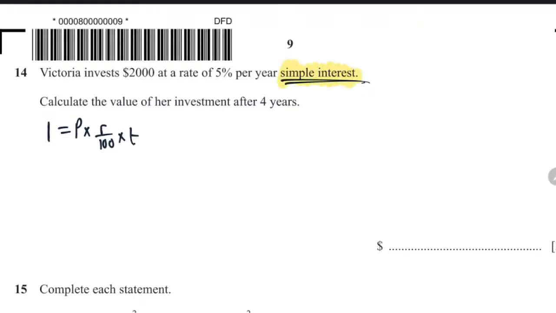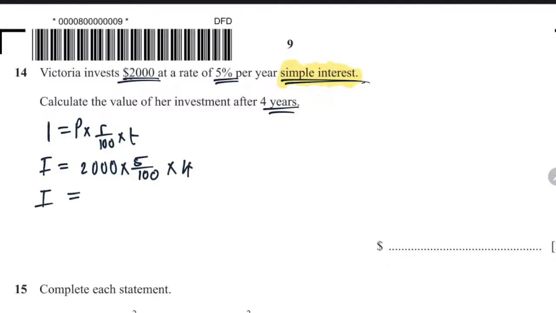Okay? So your interest is going to be, the principal is the amount of money invested, which is 2,000, times the rate is the percent, over 100, so it's 5 over 100, times time is 4 years, which is 4. What do you get as your interest? $400.